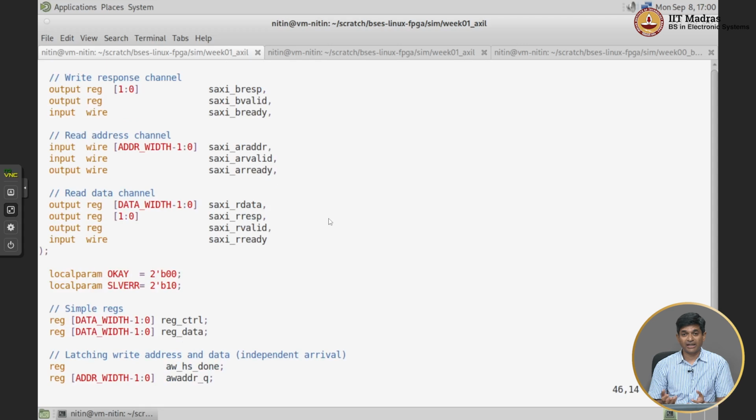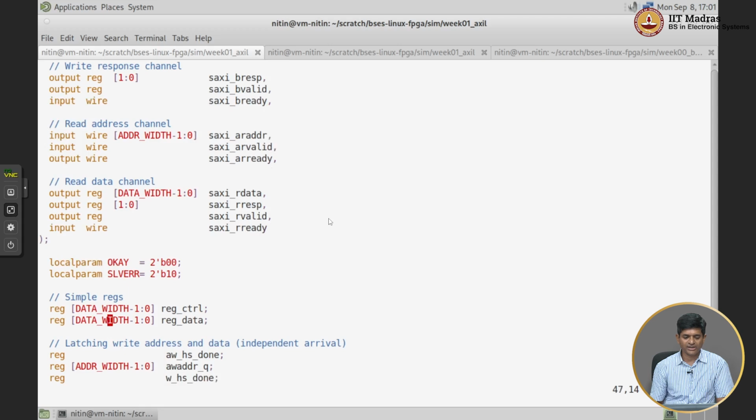And finally, our entire register bank needs to do something. I am defining two registers that will actually store the data that I am trying to write into it. One of them is called reg control, the other is called reg data. I could just as well have called them reg 1 and reg 2, it does not really matter. What matters is that reg control is defined at address offset 0.